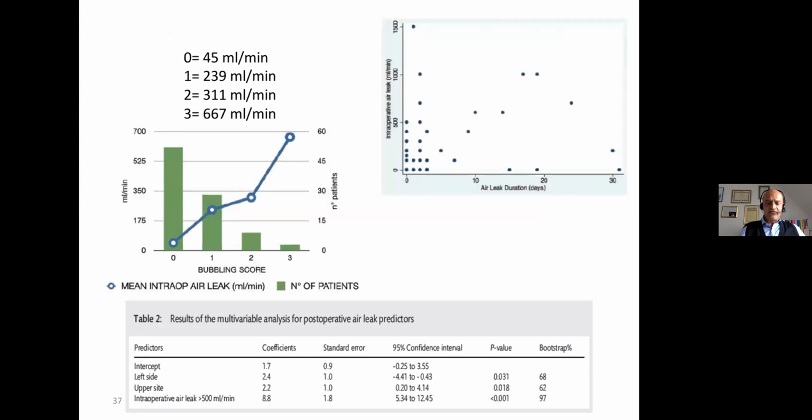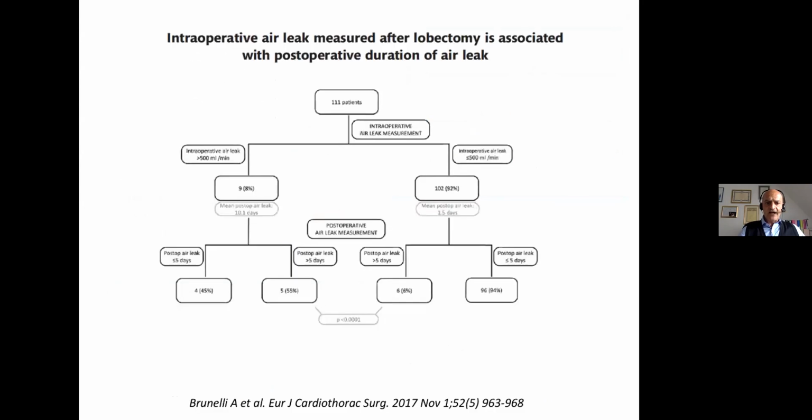And we found a correlation between the air leak measured at the ventilator and the bubbling score. What we found as the best cutoff to predict prolonged air leak was 500 milliliters per minute.